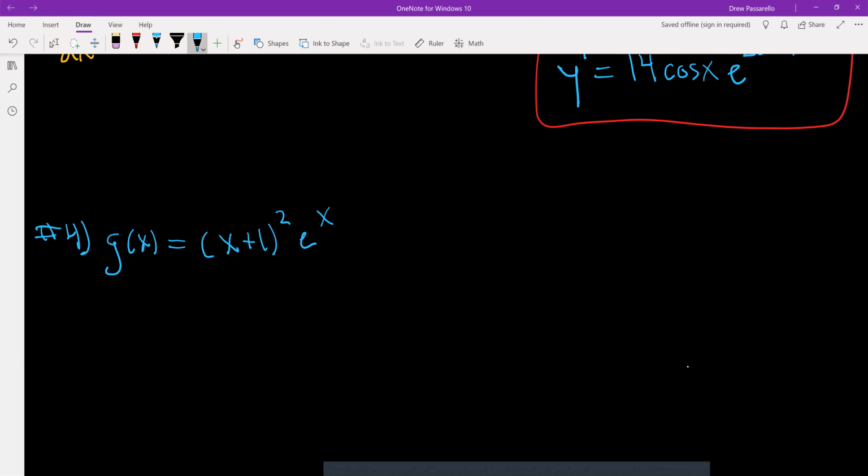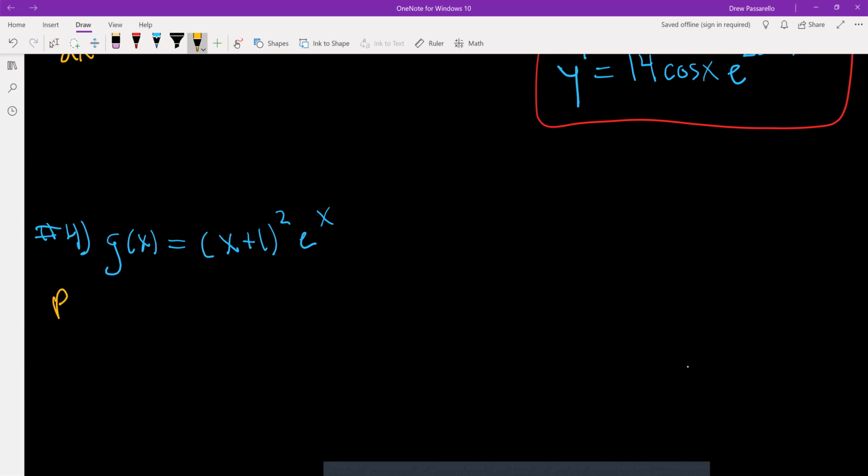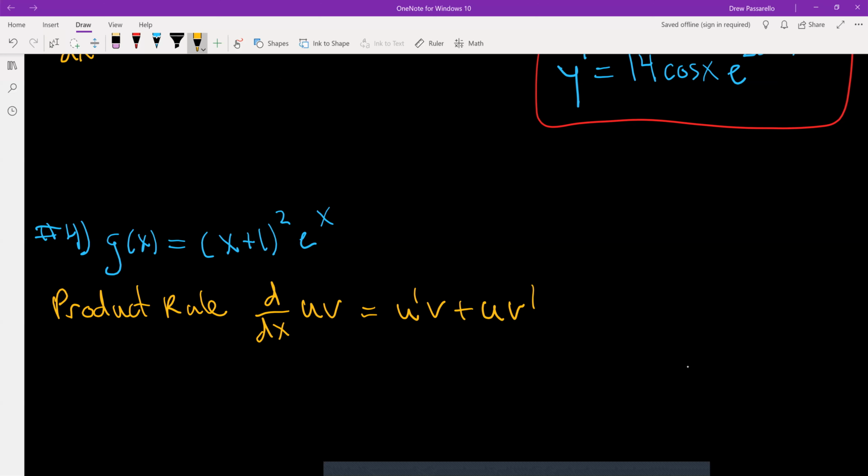All right, and I have a product, so we're using the product rule for the derivative, because I have x plus 1 squared. You could expand that out, but I'm going to leave it as is. But the product rule, you have u times v is the derivative of the first function times the second, plus the first function times the derivative of the second.